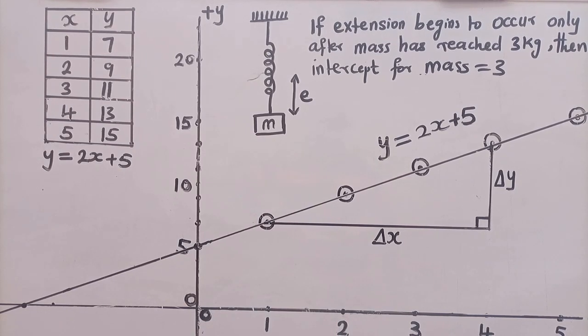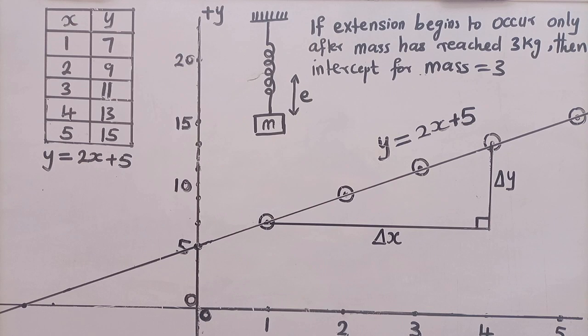Before then, don't forget the meaning of intercept: the value with which a variable lags or leads before it begins to vary with another variable. Mass leads over extension before it begins to vary with extension.